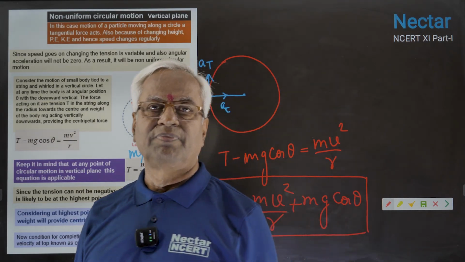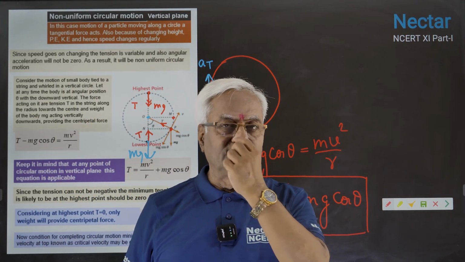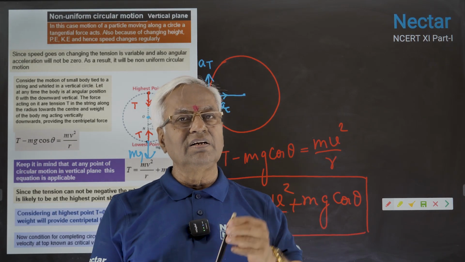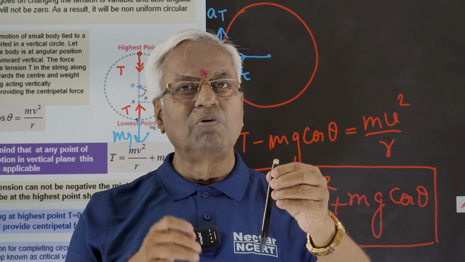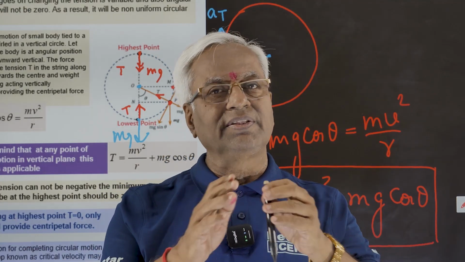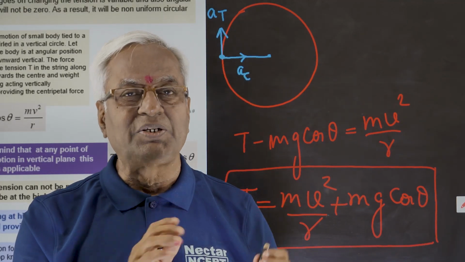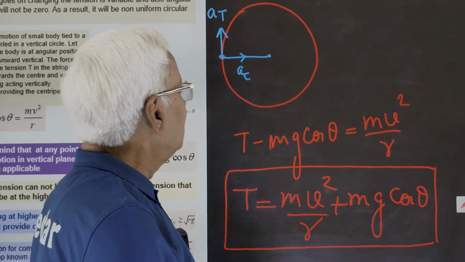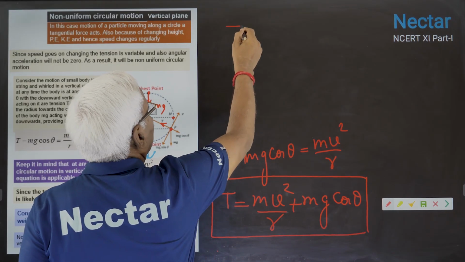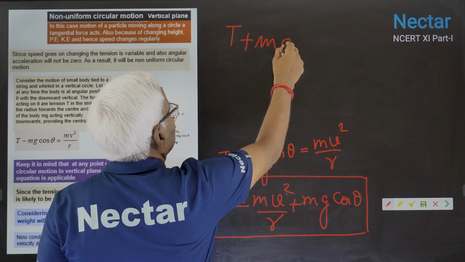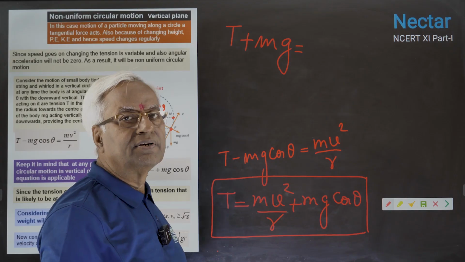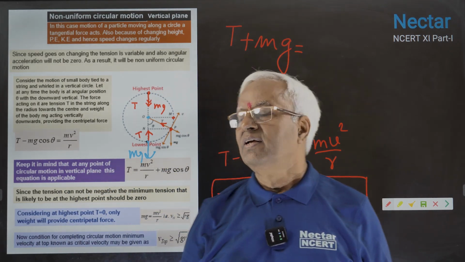Now, when you are considering minimum values required, you must be knowing that in a string, minimum value of tension possible is 0. In the string, the tension could never be negative. So let's consider this thing that at the highest point, the tension is 0. Prior to that, you see two forces are there towards the center, T and mg.